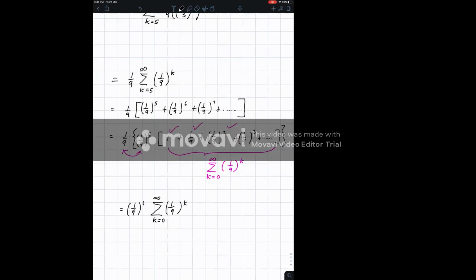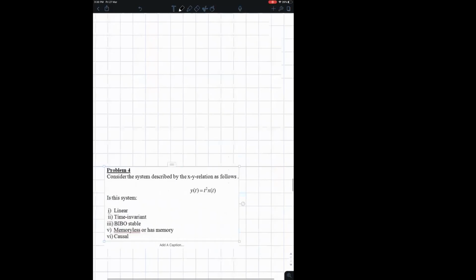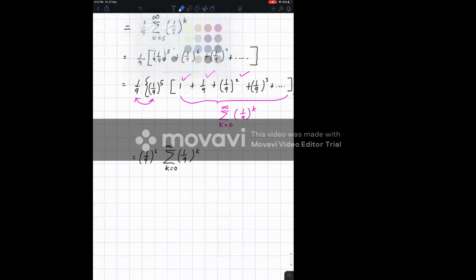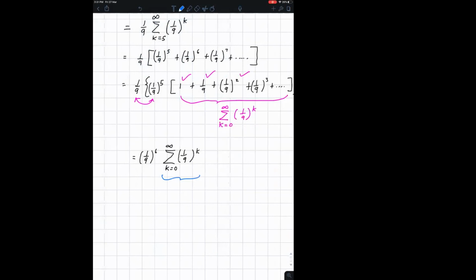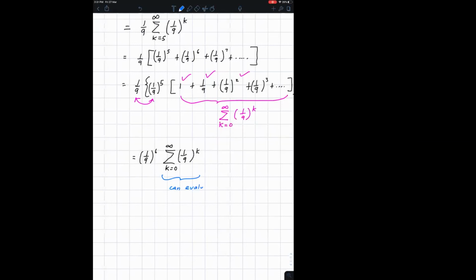Okay, the reason for doing this, guys, is that now I can apply the formula to evaluate this using the sum of an infinite geometric series.